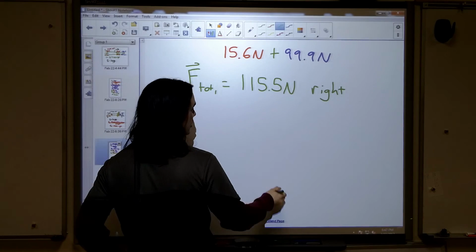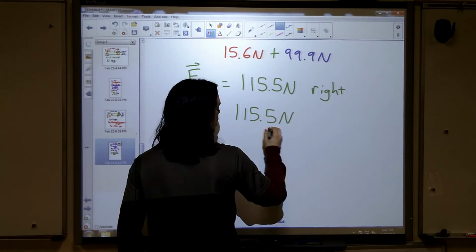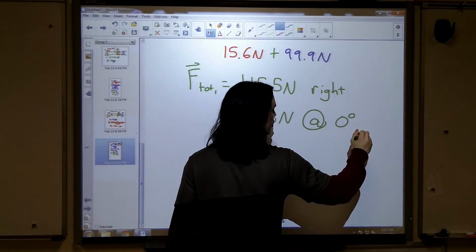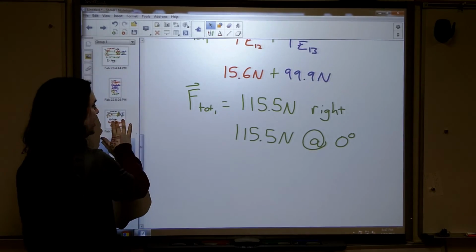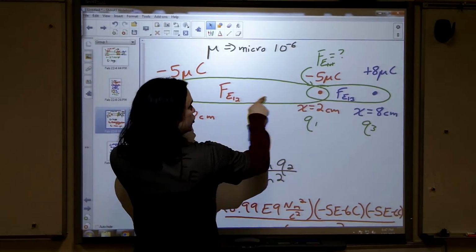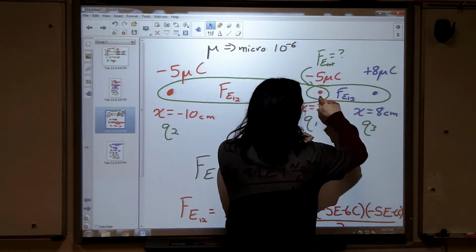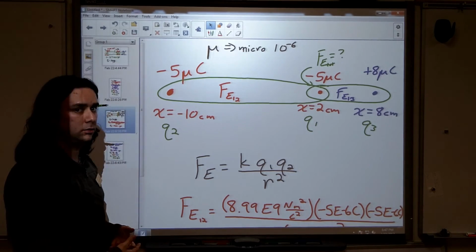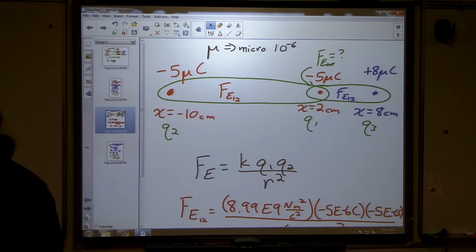Or, writing it in the proper vector notation, though that's not required here, 115.5 newtons at 0 degrees. It points straight to the right. Both of these work together. This negative charge is going to push this negative charge to the right, and this positive charge will pull this negative charge to the right, so they both add together. Oh, and that is actually the value we're supposed to get.